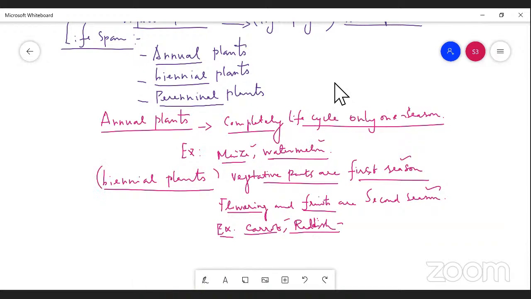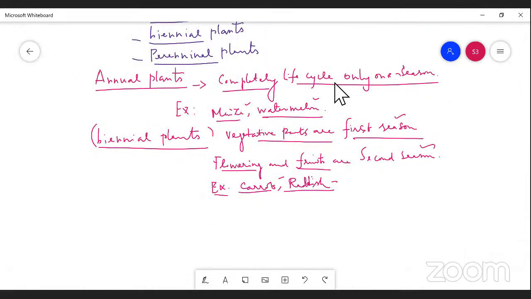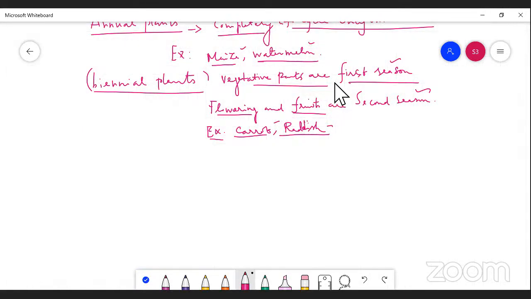Another one is called perennial plants. What are perennial plants?